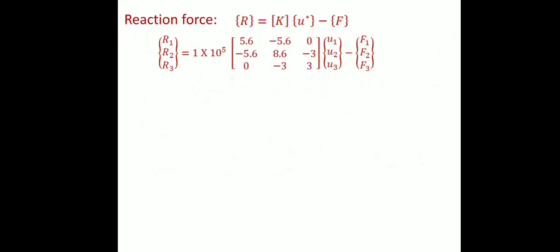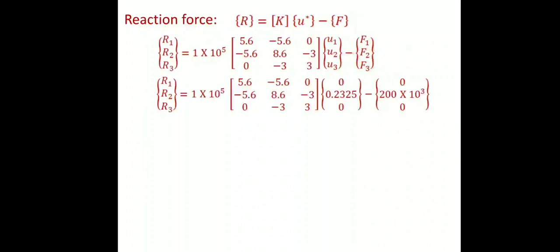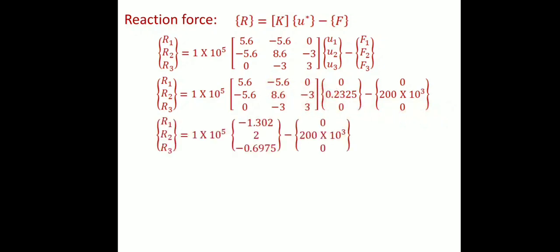And we need to substitute all boundary conditions in this equation, that is u1 is equal to 0, u3 is equal to 0, f1 is equal to 0, f3 is equal to 0, and u2 is equal to 0.2325 mm, and f2 is equal to 200 into 10 raised to 3 Newton. Applying that, we will get this equation as such, and when multiplying this equation, we will get an equation like this.